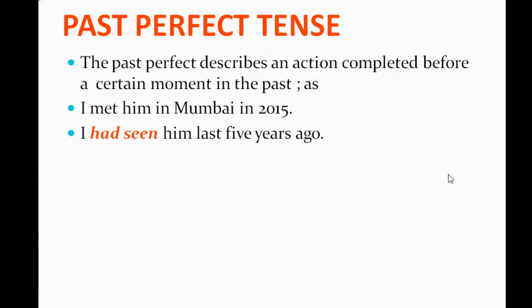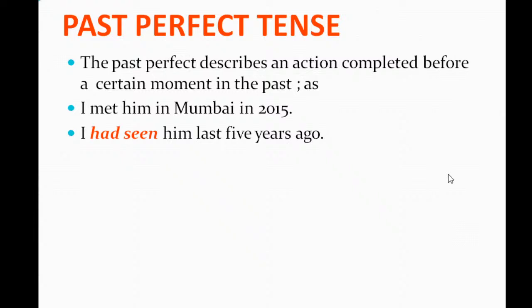Past perfect tense. The past perfect, like a present perfect tha. What was present perfect? Present perfect is an event that started in the past and is still continuing in the present. Now let's see what is past perfect tense. The past perfect describes an action completed before a certain moment in the past, as I met him in Mumbai in 2015. Right?